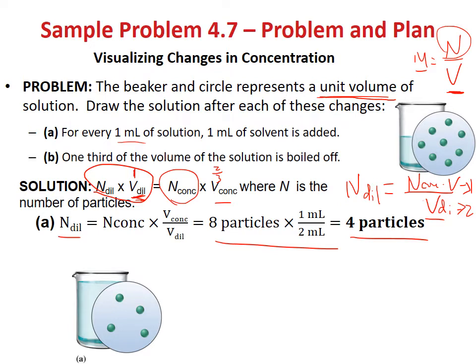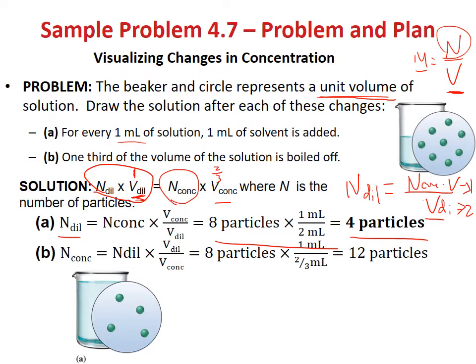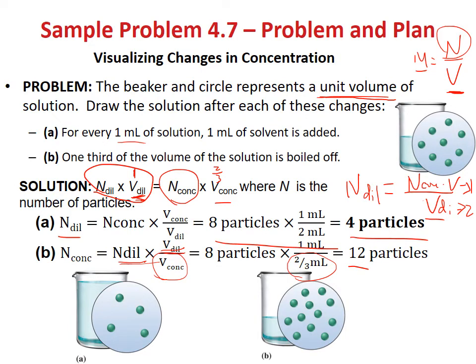In this case, N concentrated after evaporation equals the before number of moles times volume divided by the concentrated volume, which is 2/3, and that gives you 12 particles. And so here is the drawing with 12 particles in the unit volume.